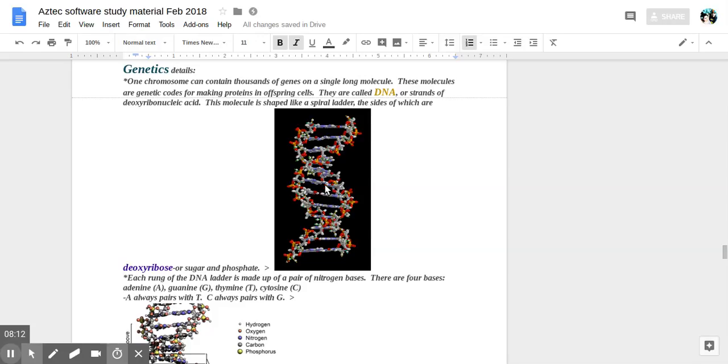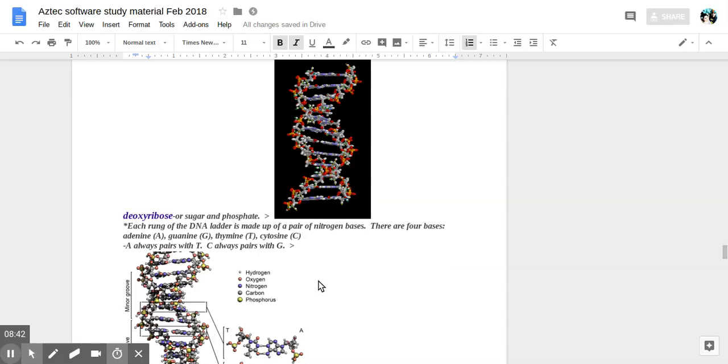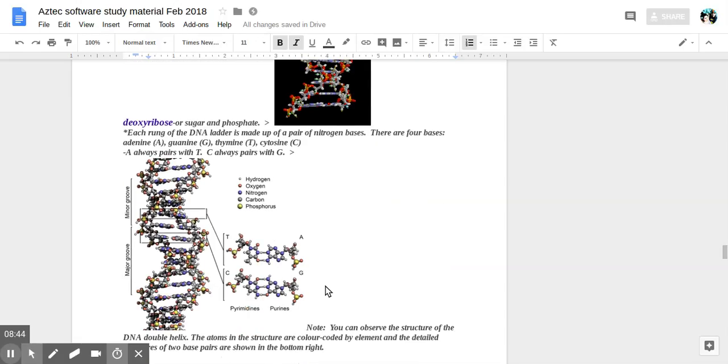The molecule is shaped like a spiral ladder. The sides are the sugar and phosphate subunits in a chain, called deoxyribose. And the rungs that go horizontally, versus the sugar and phosphate that go vertically, are made of nitrogen bases called adenine, guanine, thymine, and cytosine.